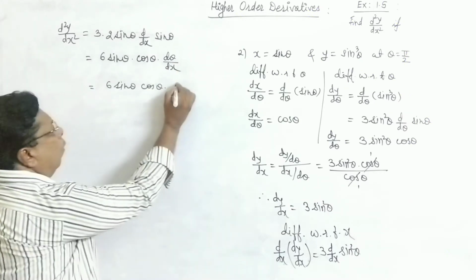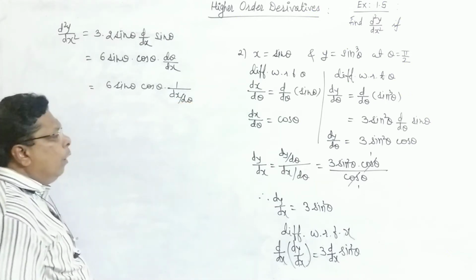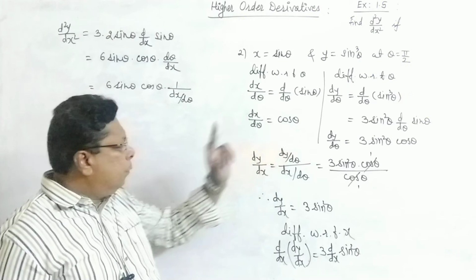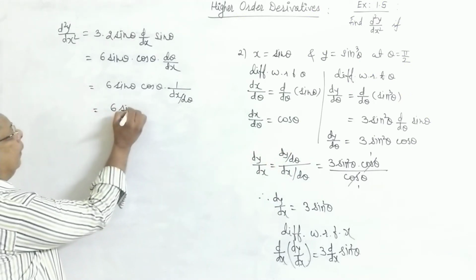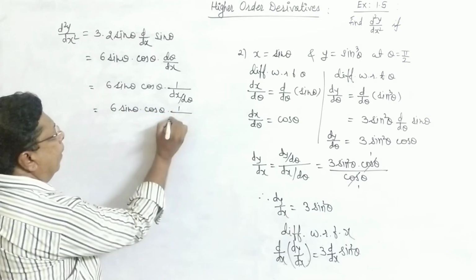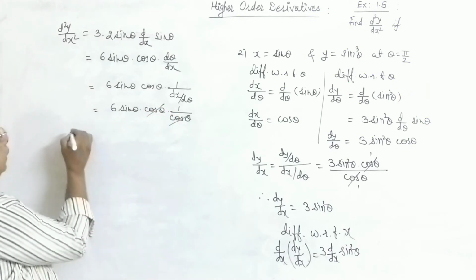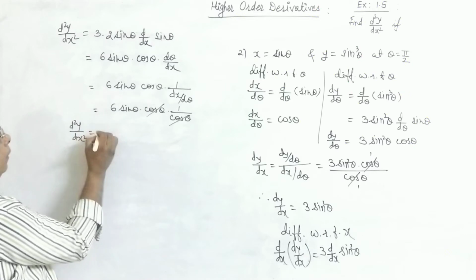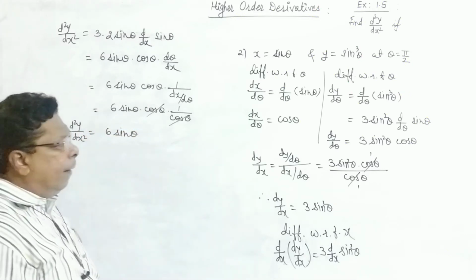We can write d theta upon dx as 1 upon dx by d theta. What is dx by d theta? That is cos theta. Substituting, 6 sin theta into cos theta into 1 upon cos theta. Cos theta gets cancelled. d square y by dx square is equal to 6 sin theta.